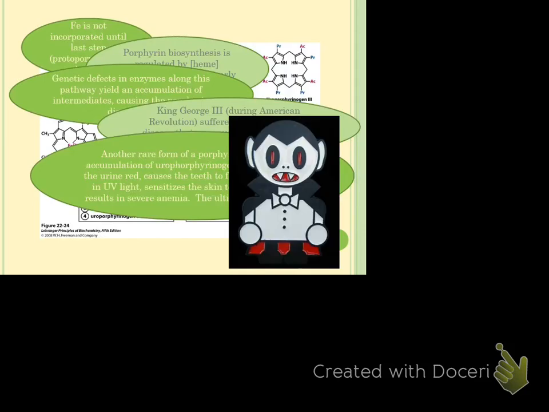And so the ultimate result is a vampire. It's actually believed that in Eastern European history, some of these people suffered from a uroporphyrinogen 1 defect. That type of porphyria does cause their teeth to glow. It does cause them to be very, very white.